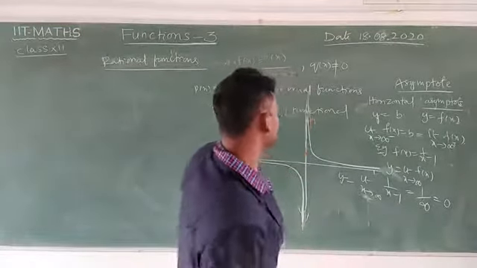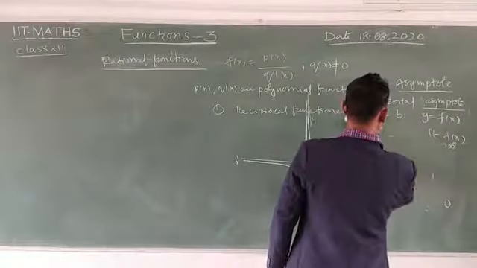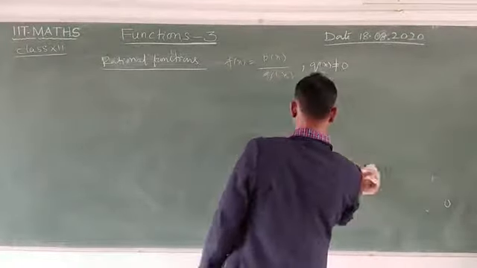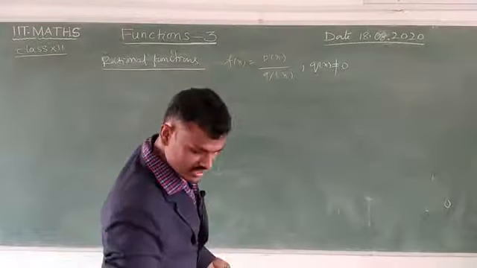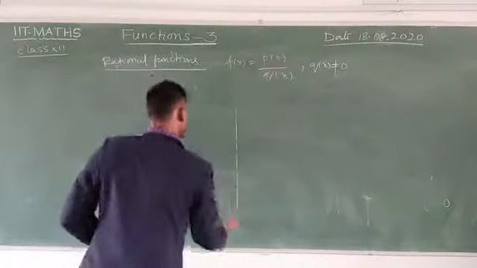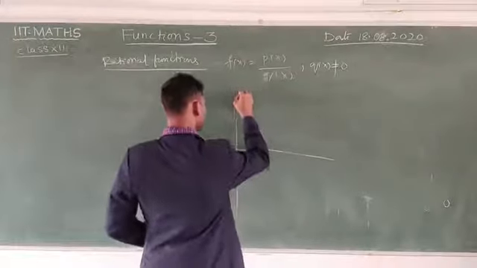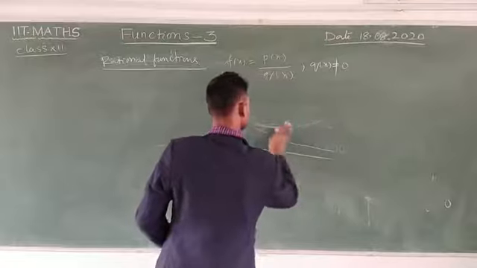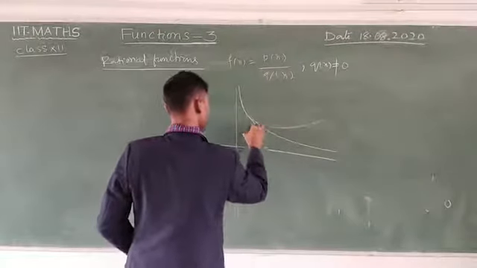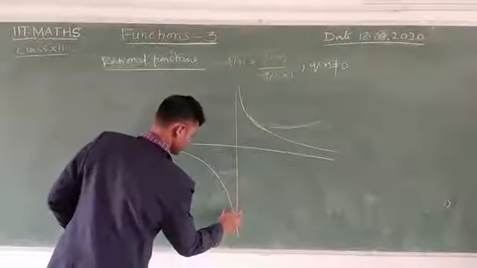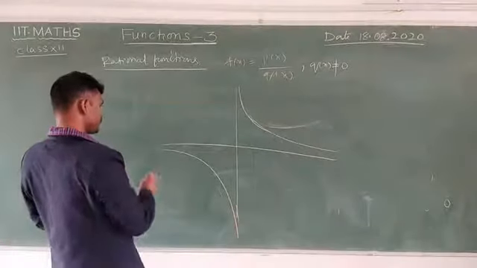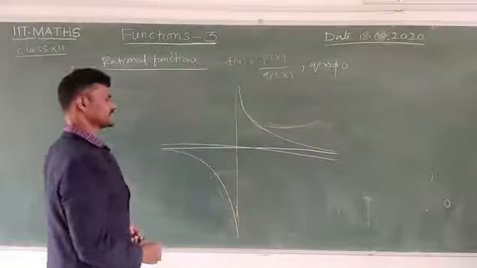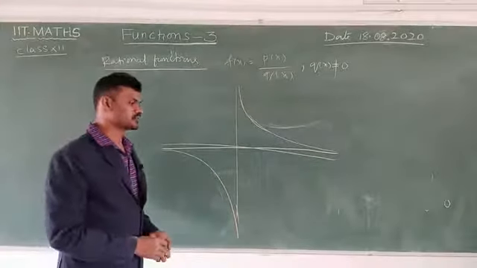Now one more is the oblique or straight asymptote. Oblique or straight asymptote, how is it? See here, you have to draw one asymptote like this. Now this is called the oblique or straight asymptote.